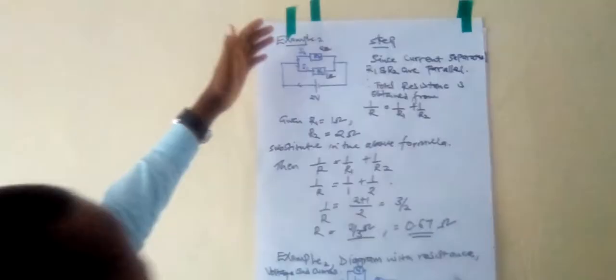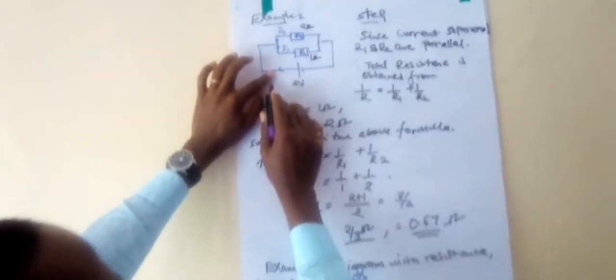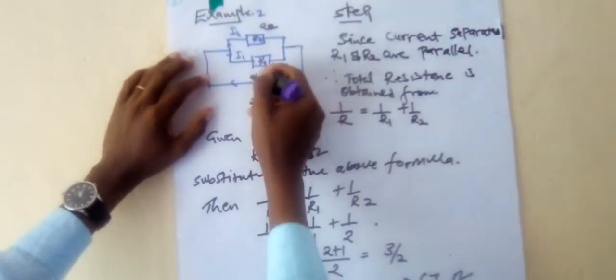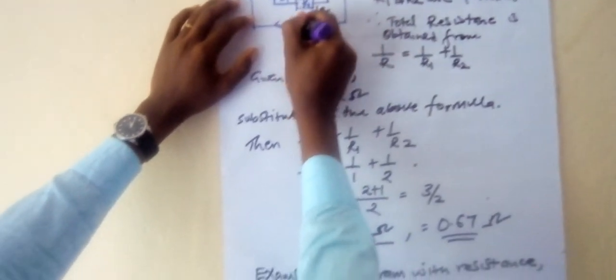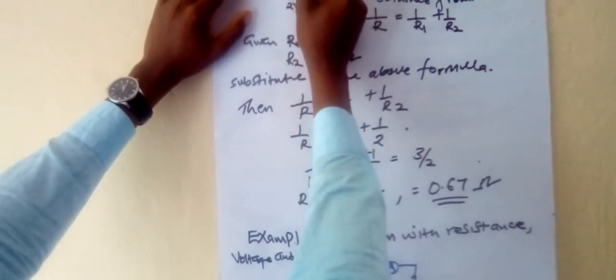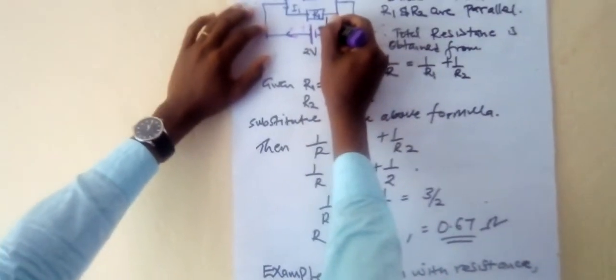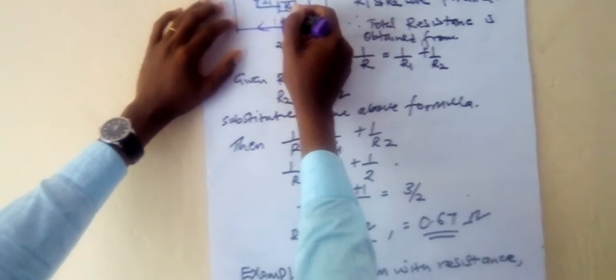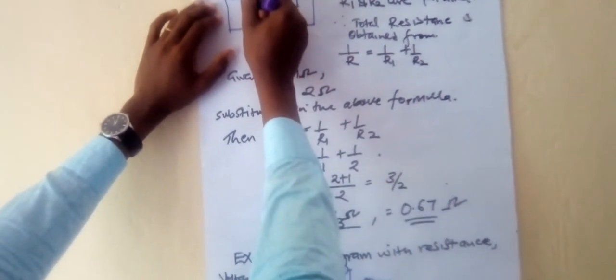Okay, let us look at the example where we have resistors in parallel. Now, we have the circuit diagram. The moment you want to identify resistors in parallel, first show the direction of current. That is step 1. Current comes from the longer terminal, which is the positive terminal, and the shorter terminal is the negative terminal. It goes from positive, then when it reaches here, it separates.